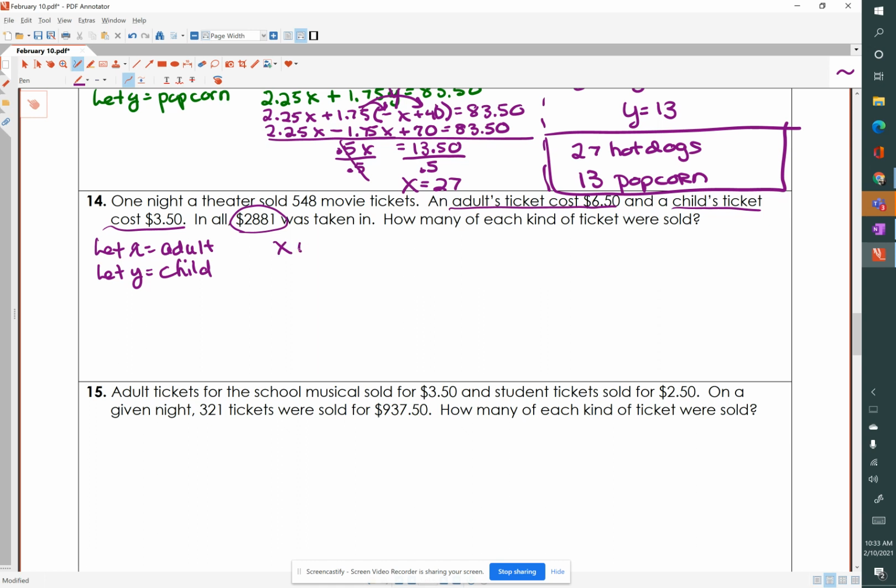And x plus y equals 548 tickets in all. But the adult ticket was $6.50, so I'm going to make 6.5x plus the child's ticket, which is $3.50, 3.5y equals $2,881. And I'm going to solve the first equation for y.